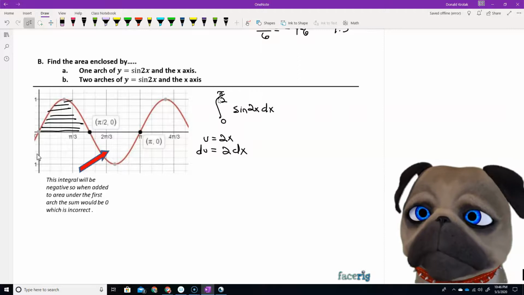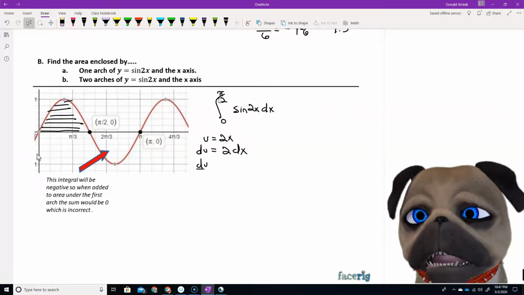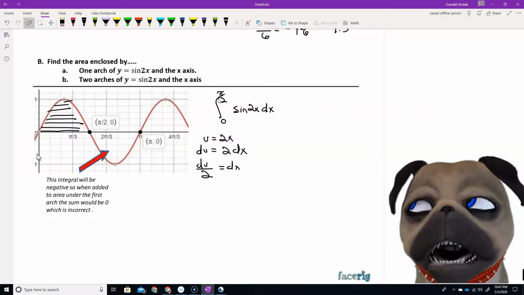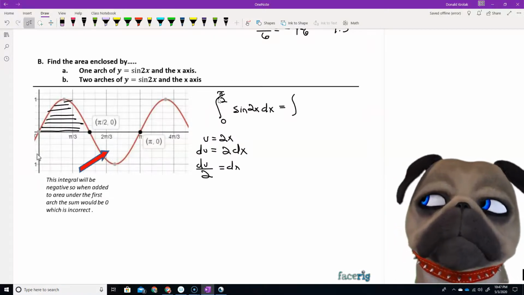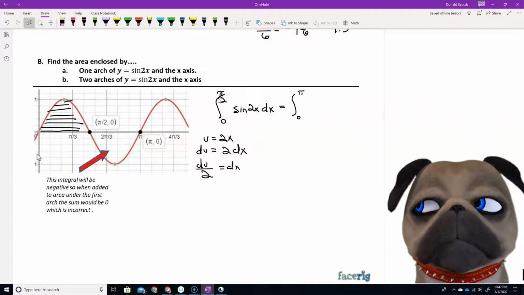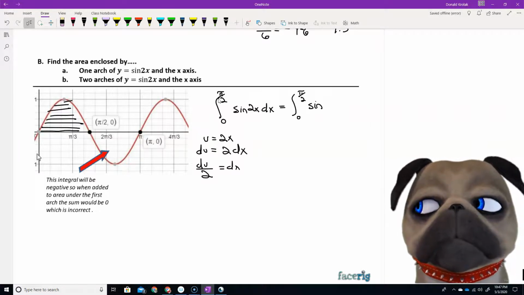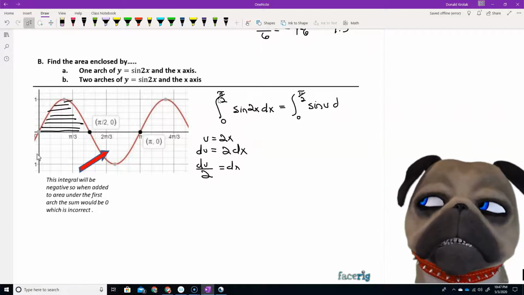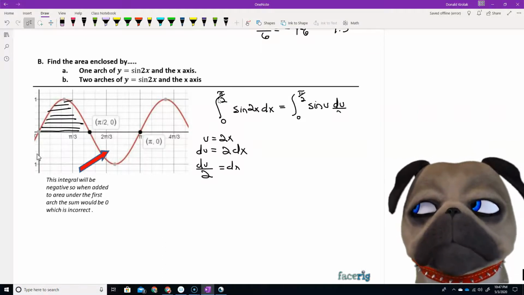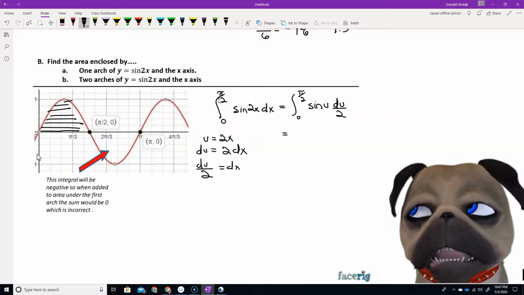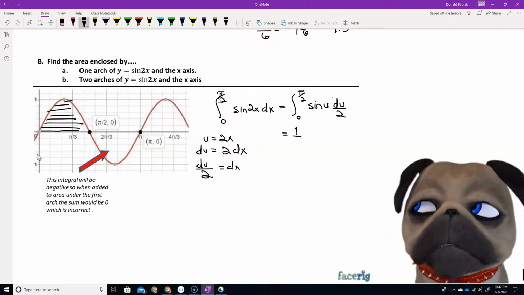Take the derivative of both sides, solve for dx. Now we can do our substitution, and dx would become this. That 2 there is really a 1/2 that can come out front.